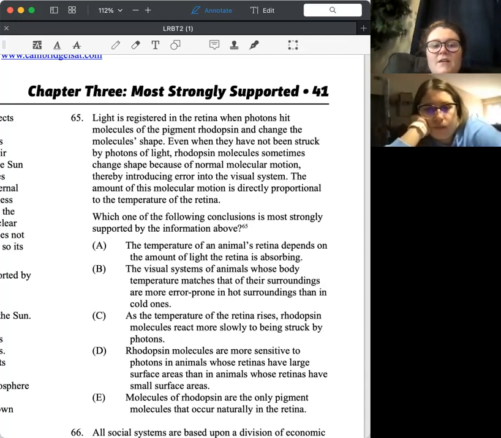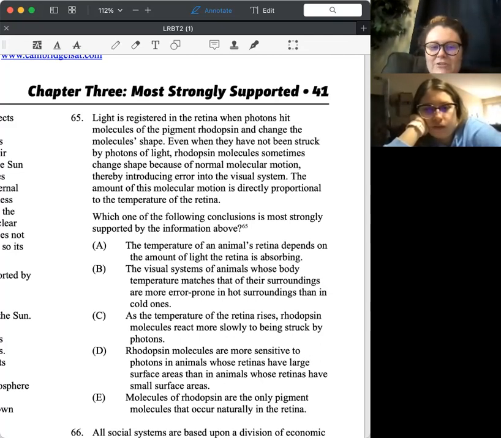And if the amount of this molecular motion is directly proportional to the temperature of the retina, I'm thinking that even at the normal temperature, there can be some type of error.